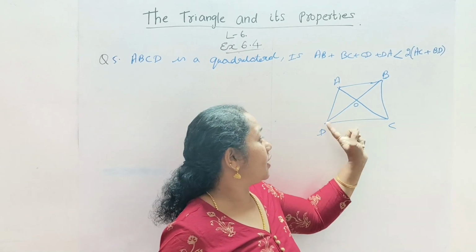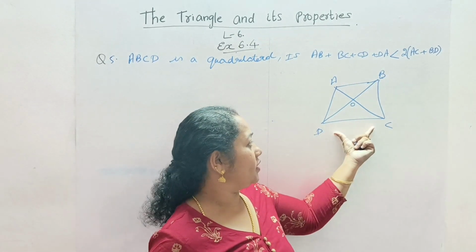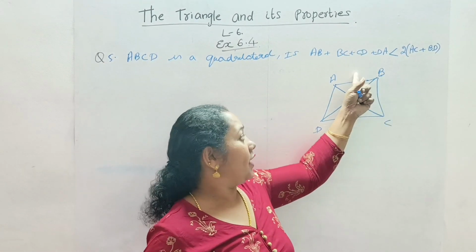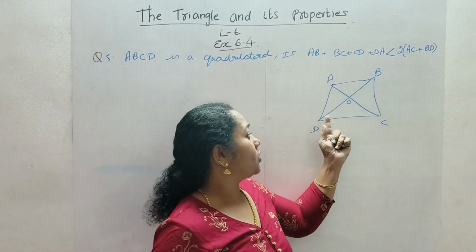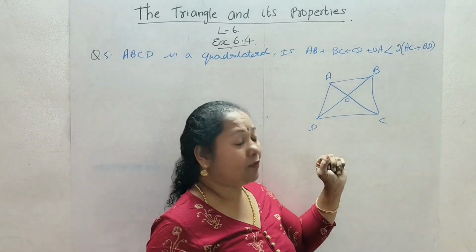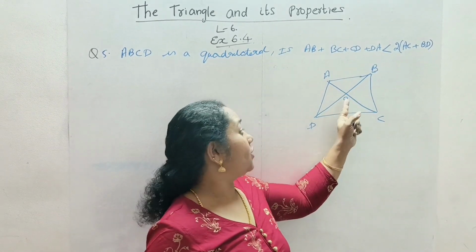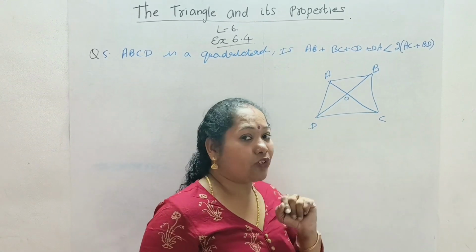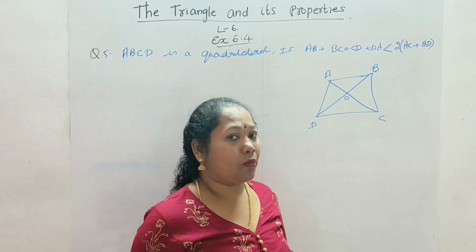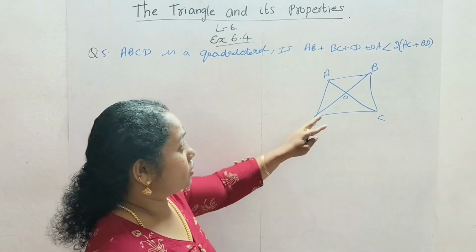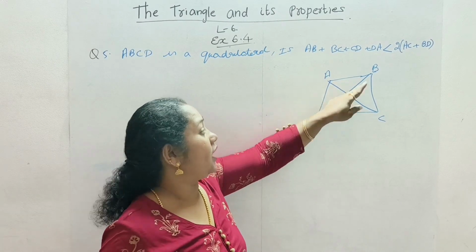That is, in triangle ODC, triangle OBC, triangle OAB and triangle OAD, we have to take DC, BC, AB and DA, and take the sum of these. So let us first take this triangle, in triangle AOB.